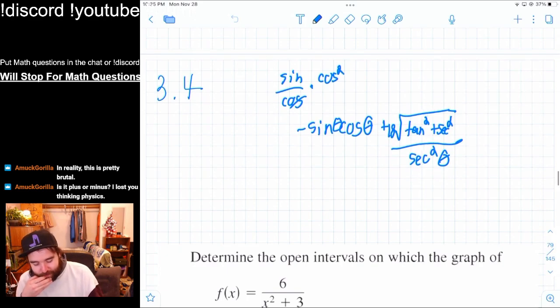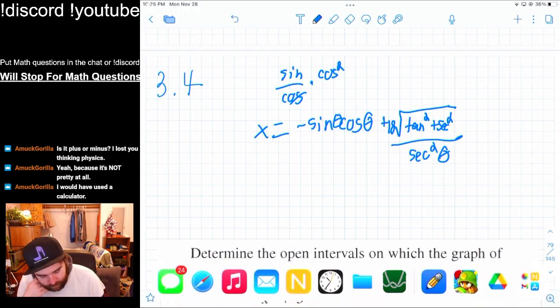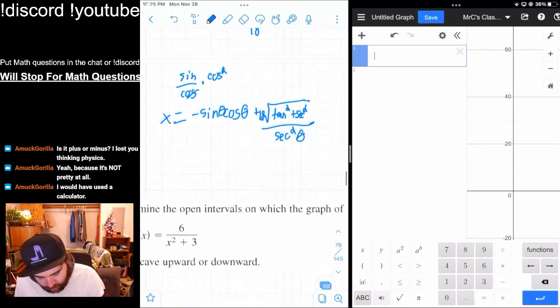So then they just go, okay, we're just going to look at this on Desmos. So what even is this? This is x equals this. And then we find the theta that gives us the biggest x value. I guess we'll go ahead and play their games.